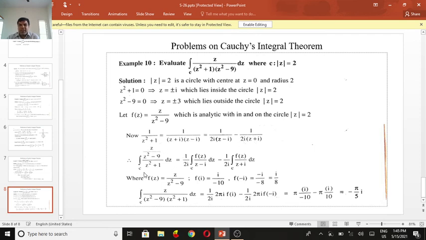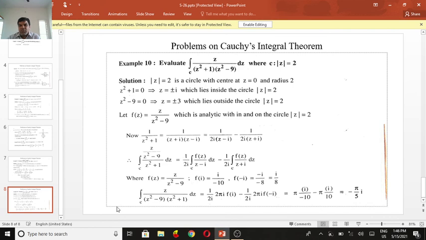Now I start integrating. Since z square minus 9 lies outside the circle, we rewrite the problem. The integral of z divided by (z square minus 9)(z square plus 1) dz is 1 by 2i integral of f of z divided by z minus i dz minus 1 by 2i integral of f of z divided by z plus i dz, where f of z is z by z square minus 9.